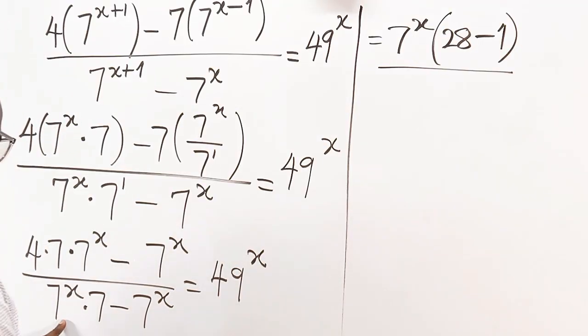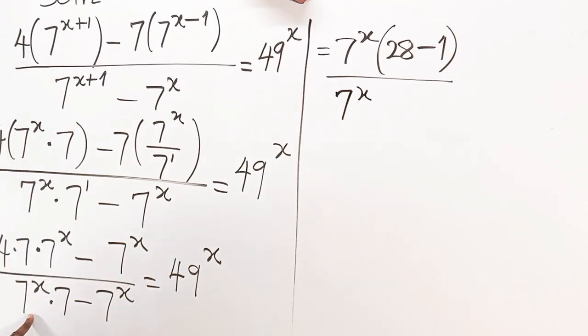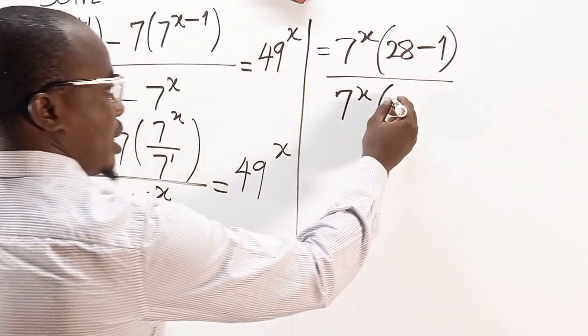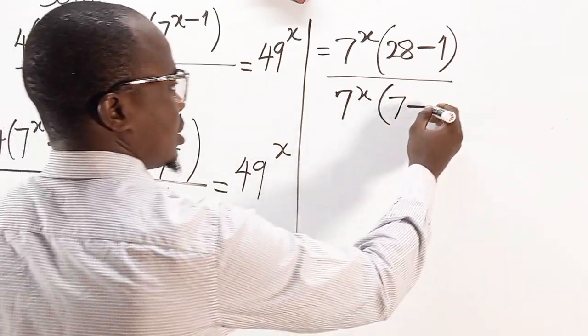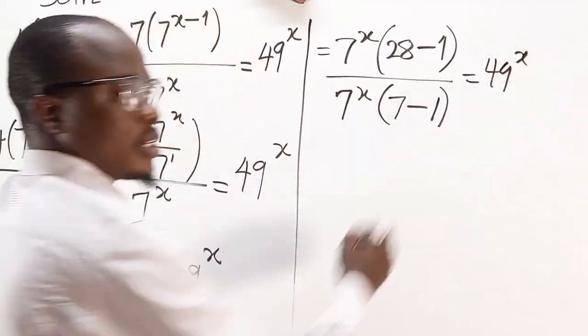So we factor it out, 7 to the power of x, understood? Then we are going to have 7 minus 1. Then everything is going to be 49 to the power of x.